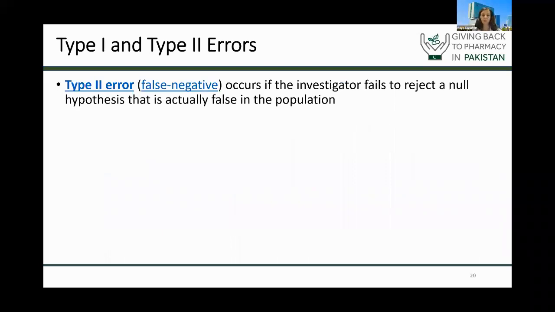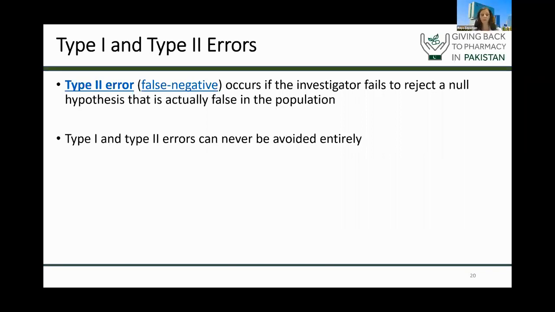Type 2 error is a false negative, which occurs when you fail to reject the null hypothesis that is actually false in the population. So for example, you come to the conclusion that there is no risk in increasing peptic ulcer and that the risk is the same between people who drink tap water and people who drink bottled water. But in reality, there is actually an increased risk.